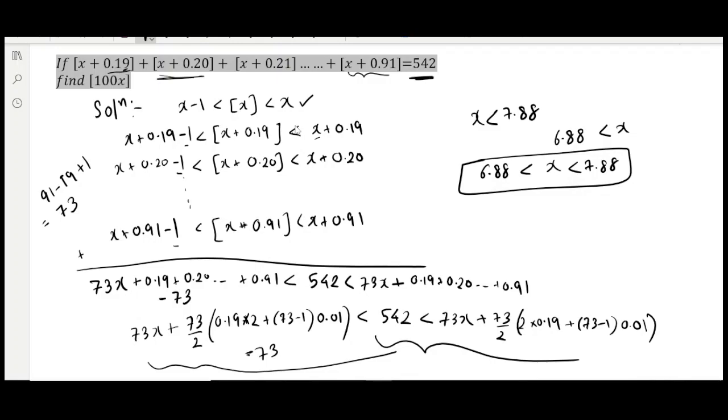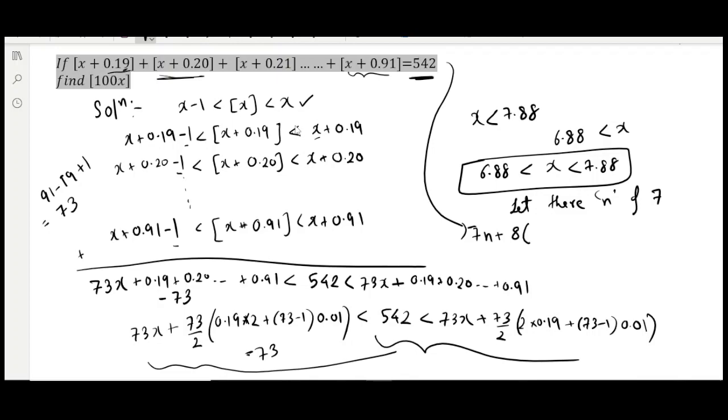Let there be n number of 7s here, so this equation will become 7n. So automatically there will be 8s, as there are 73 terms, the remaining will be 8.